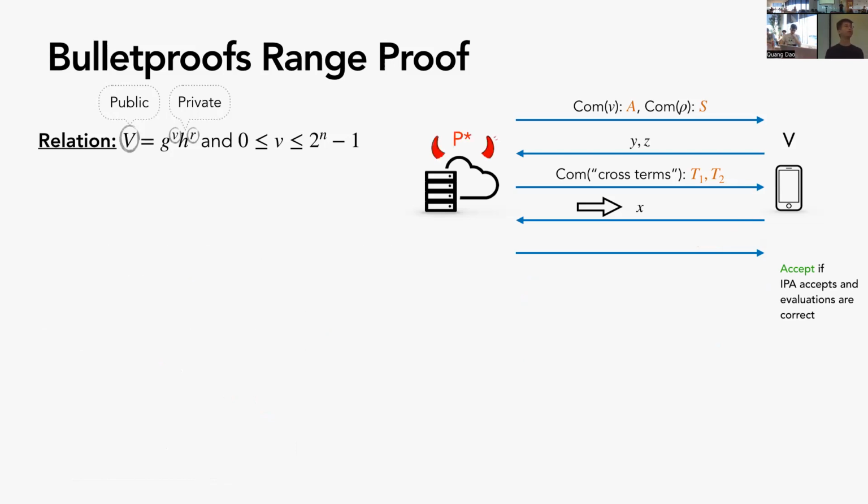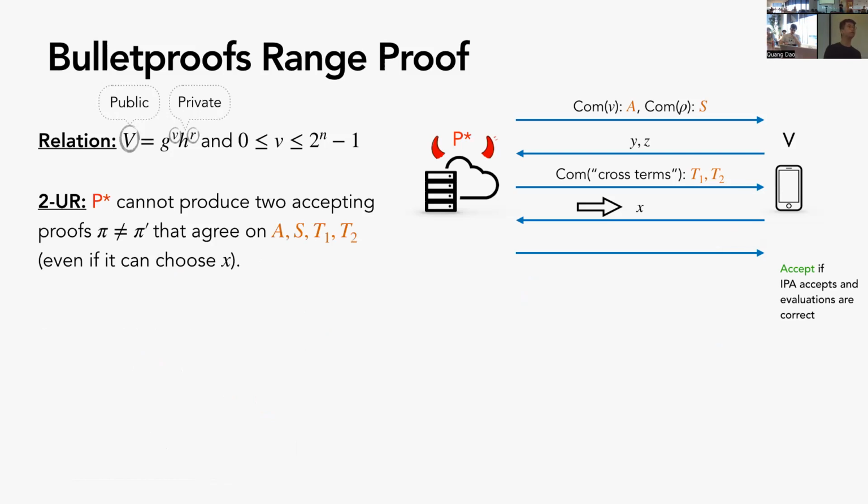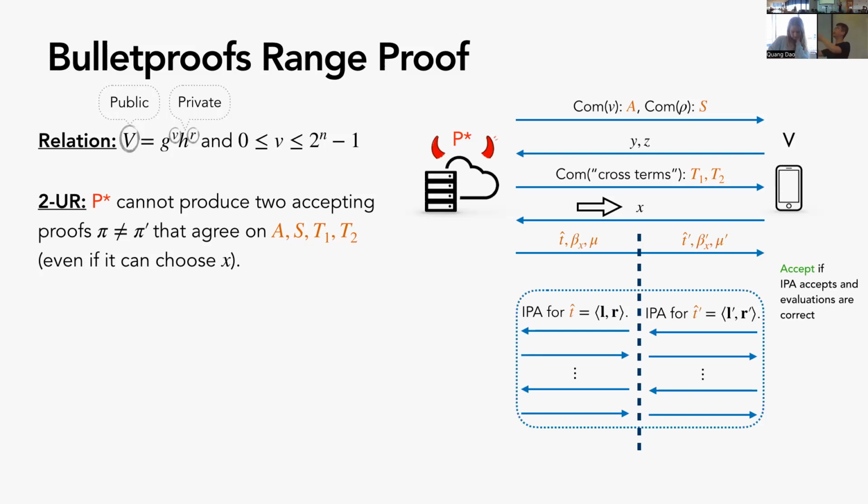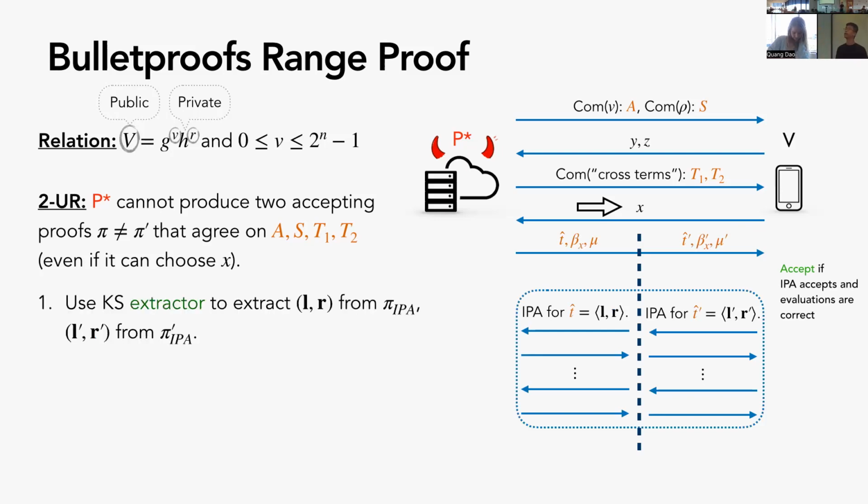So now let me try to prove 2 unique response. Recall that we want to show you cannot output 2 different proofs that agree for the first 2 rounds and diverge for the rest, even if you can choose the challenge X. So let's say it diverges like this.